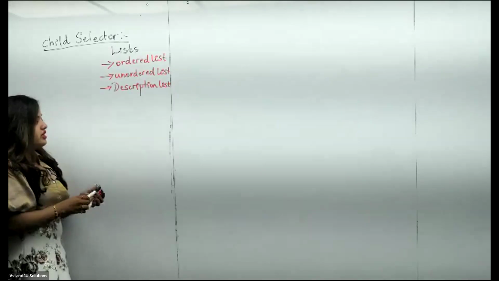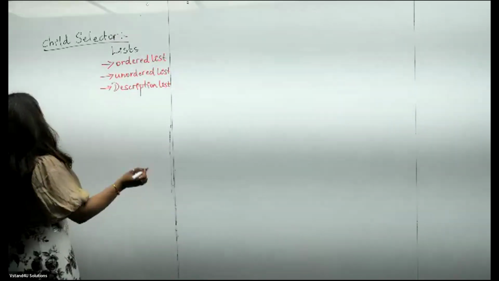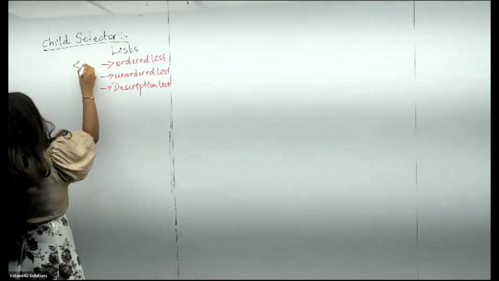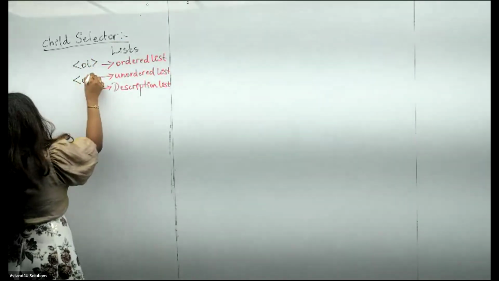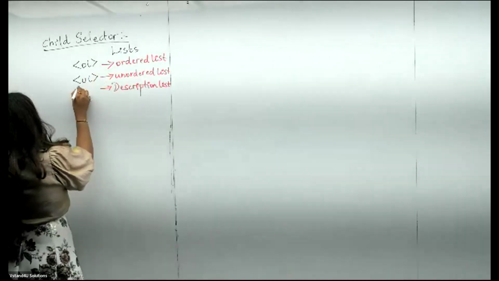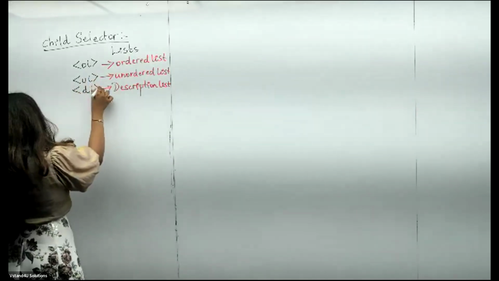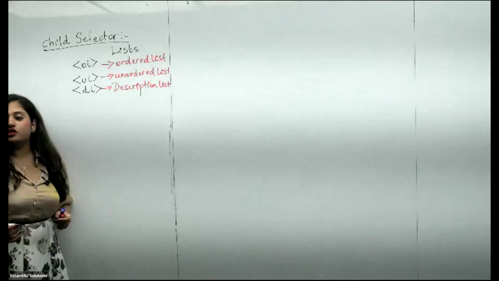How do you represent ordered list? You will represent ordered list like this. How do you represent unordered list? How do you represent description list? What is the new thing you are teaching here?